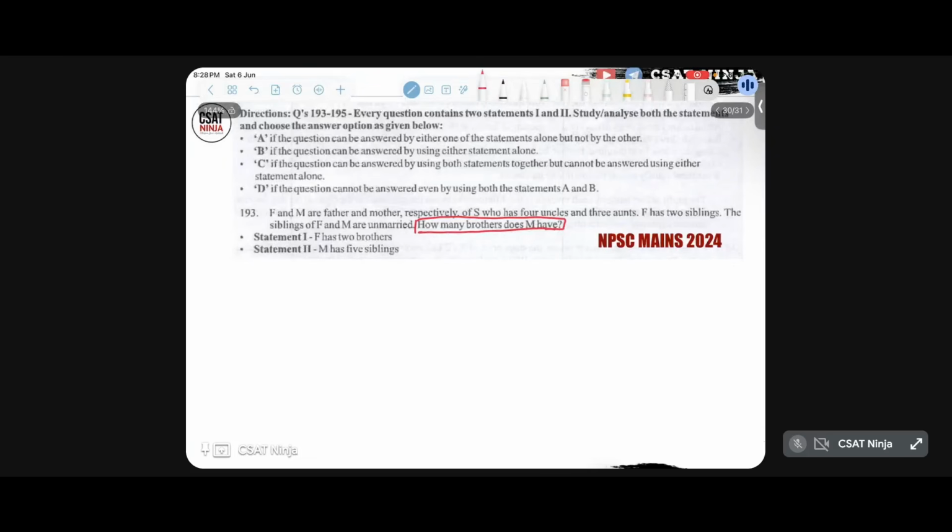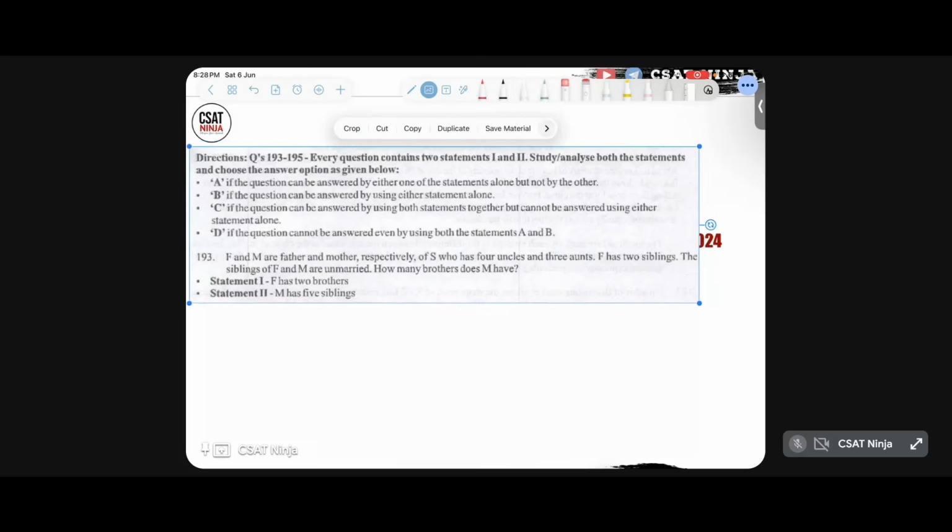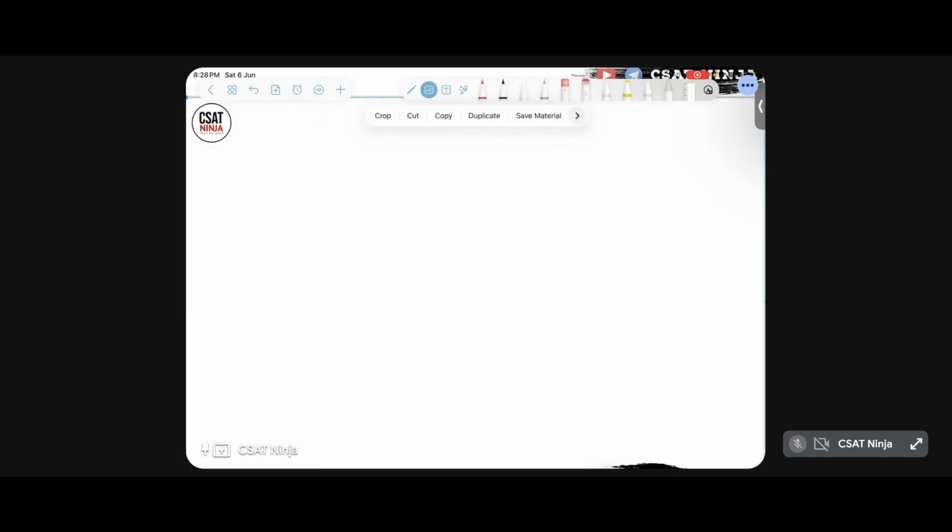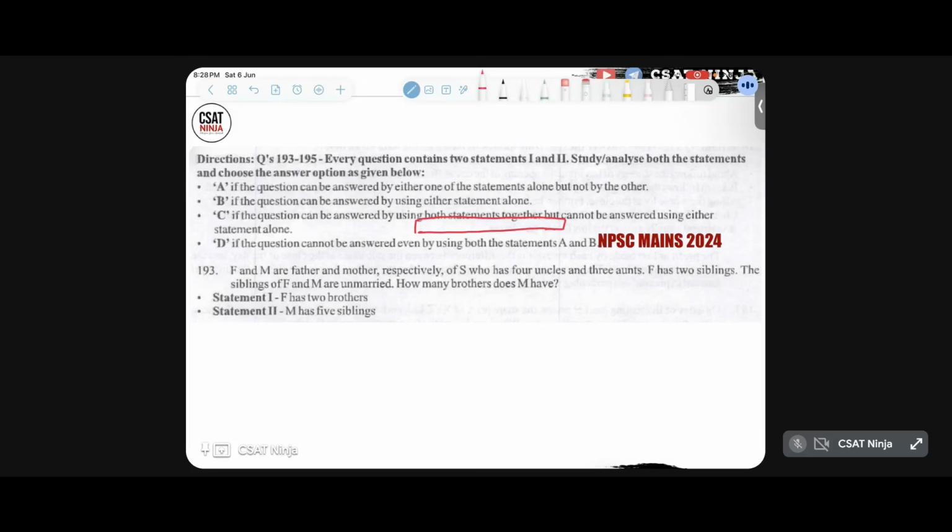Let's read through the statement. But sometimes some data may be given in the question, okay? Like this question. In this question, if you look here carefully, some data are given. Let me just zoom this a little bit, okay? So F and M are father and mother.